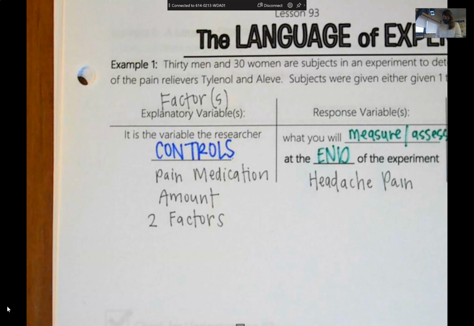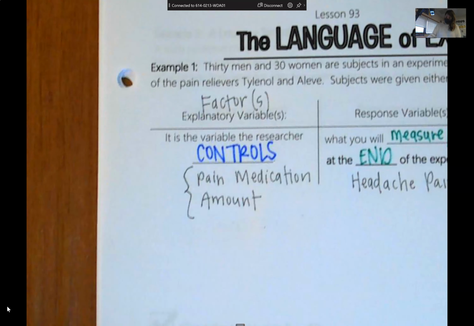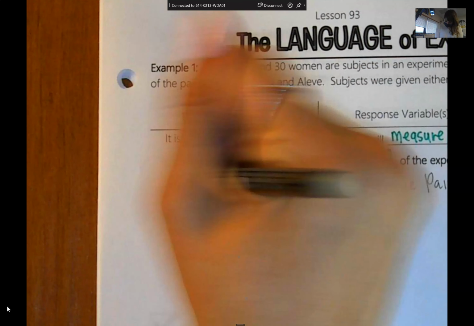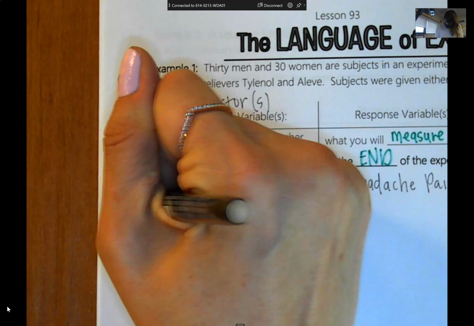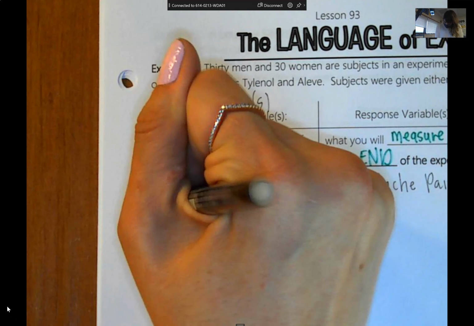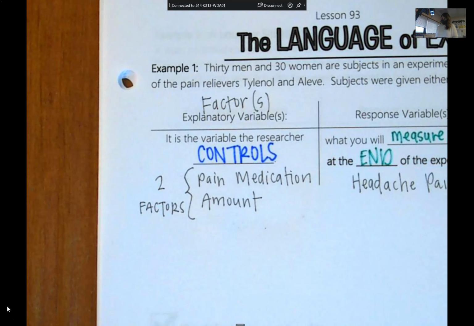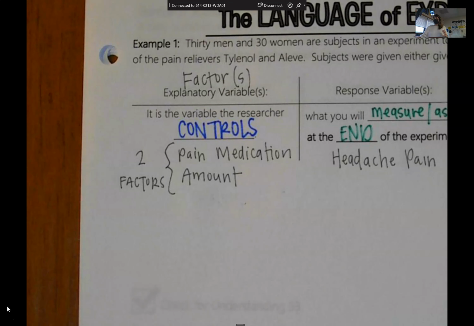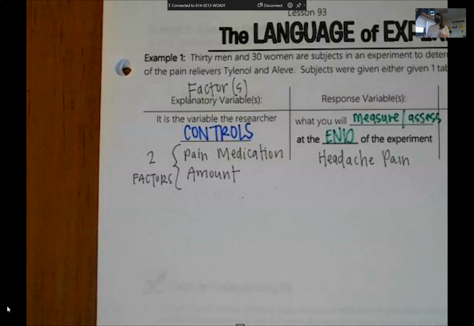One of them is pain medication. The other one is the amount. So we have to take these 2 factors and we have to organize them into our treatments for this experiment.